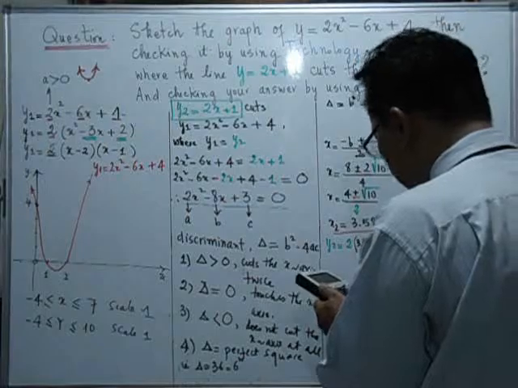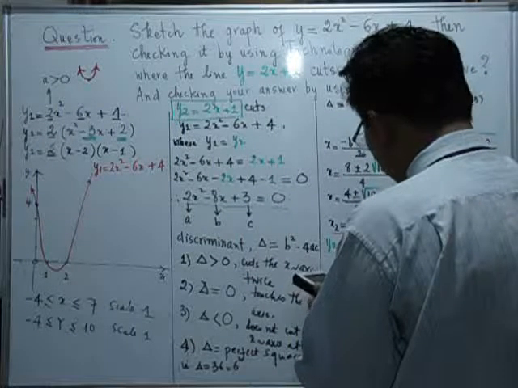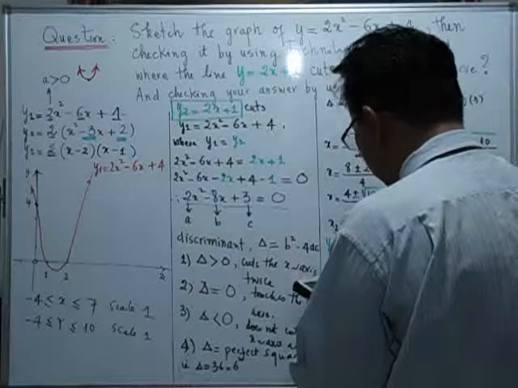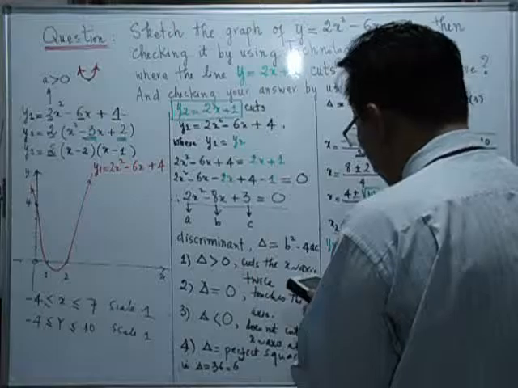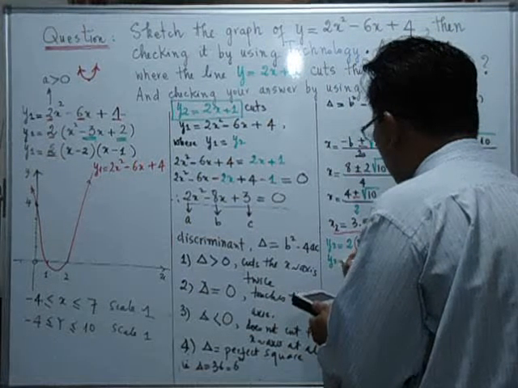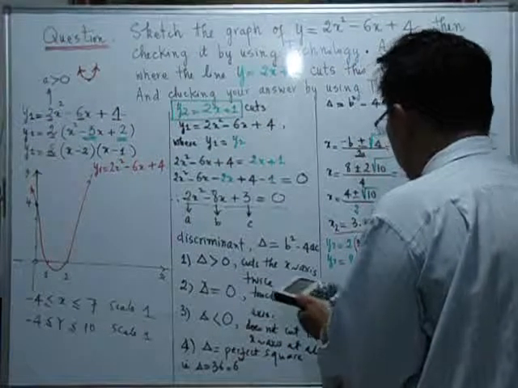Then we have 2 times 3.58 plus 1. It gives us y2 equals 8.16.